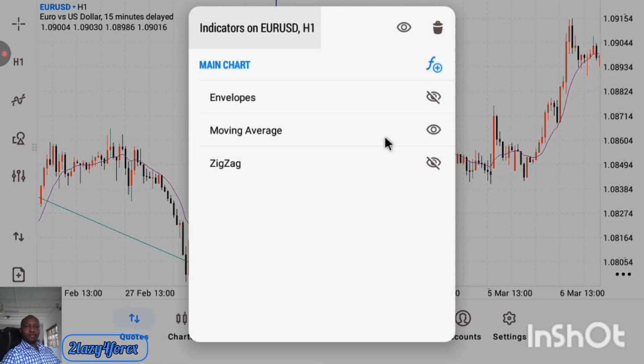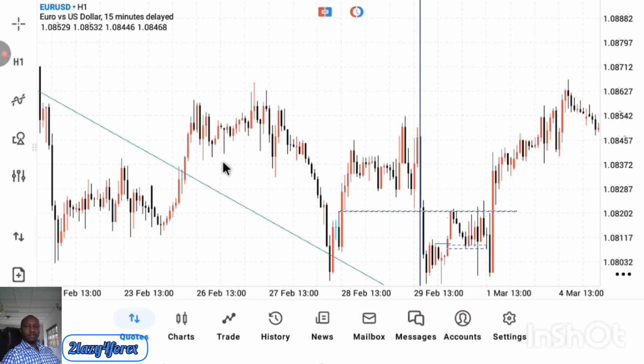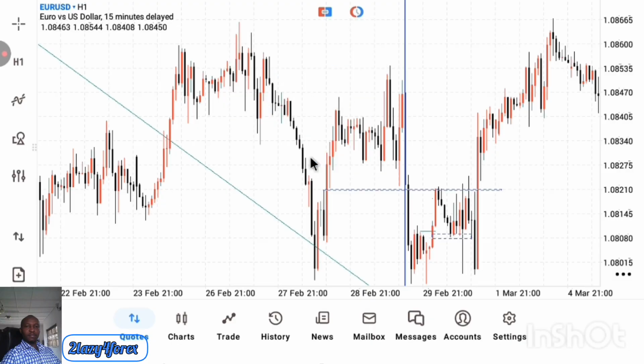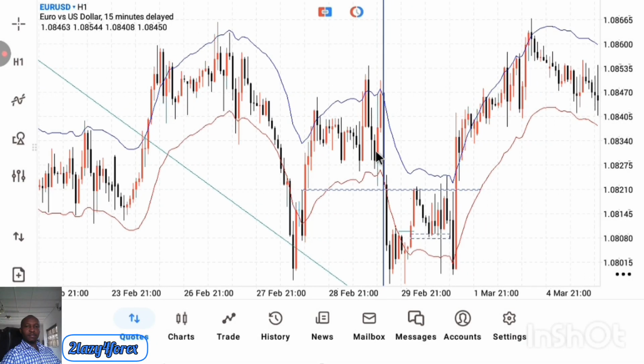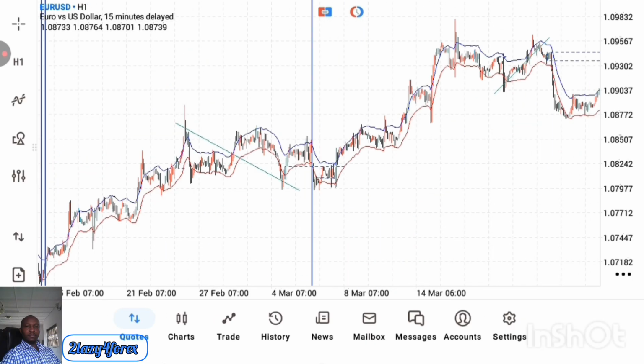Let's remove the moving average. We don't need the moving average again. So let's put the envelope back. So that was the lower time frame entry, and look at the profit potential for that.